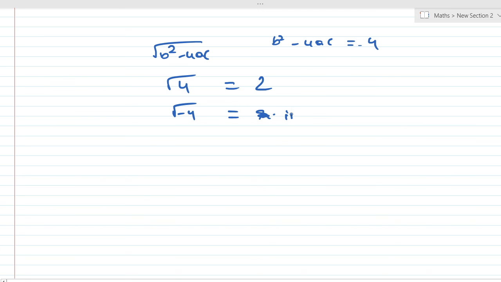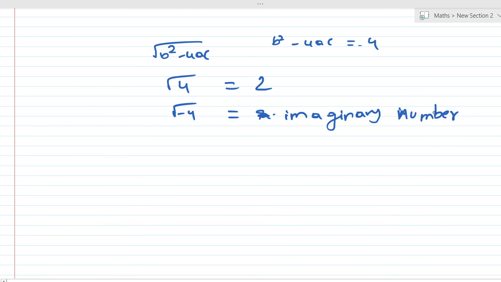Let's say if b square minus 4ac equals 4, then root of b square minus 4ac becomes root 4, which equals 2. If b square minus 4ac equals minus 4, then root of minus 4 will not have any real root, right? Any negative number will not have any real root. So the root will be an imaginary number.